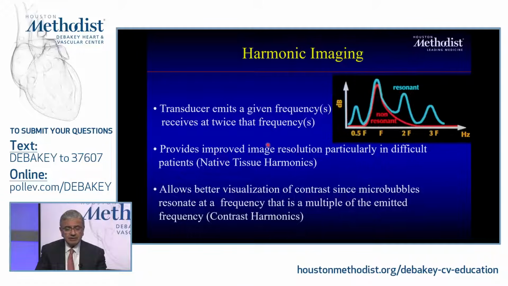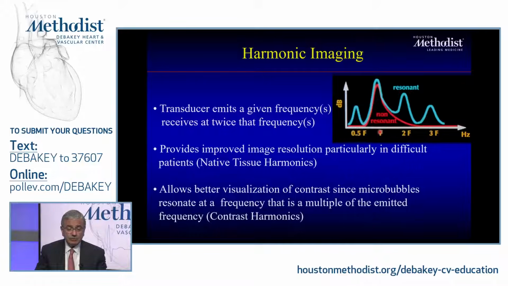And the interesting thing is that initially these were being developed for better imaging of contrast material. But interestingly enough, we found that even native structures like the myocardium can emit resonant frequency. So you would send a certain frequency and you listen at a multiple of it, usually 2 times the frequency.